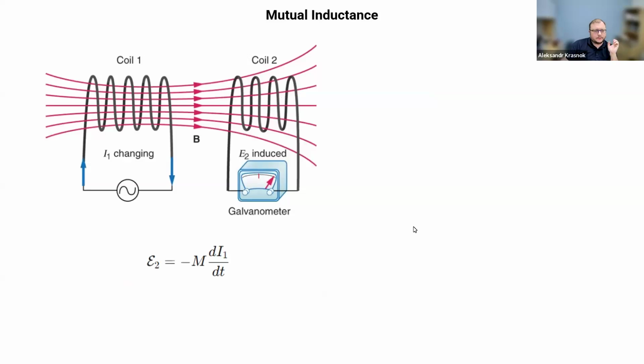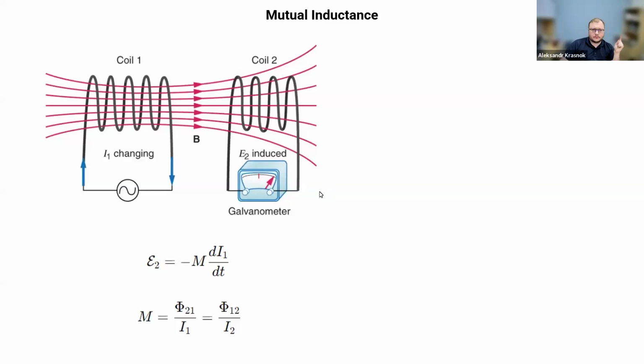Mutual inductance is just the fact that if you have two coupled coils, changing the current in time in coil 1 creates an alternating magnetic field, which causes the change of the flux of magnetic field through the second coil, which leads to the creation of electromotive force in the second coil, right?